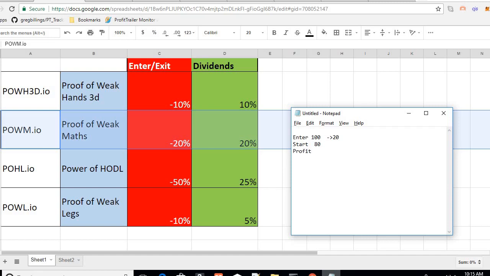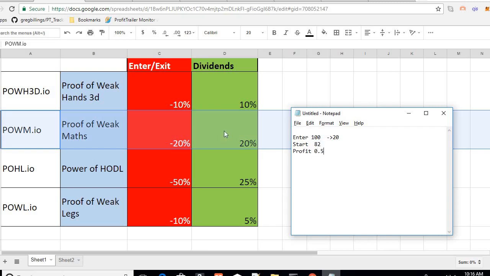Your profit depends on if someone else comes in, depending on how much money they come in with, they take 20% of that person's money and they distribute it to you and everyone else. So when other people come in, this goes up. Let's say it goes up to 82, and then you make profits.